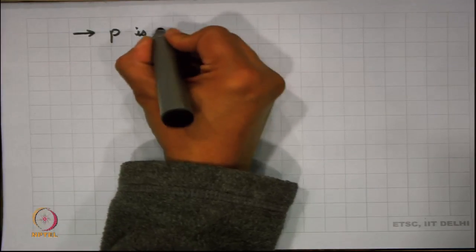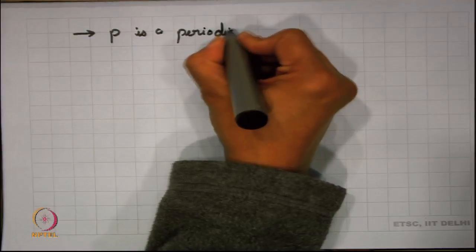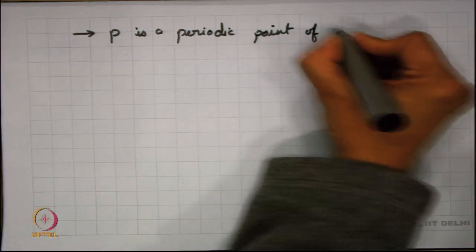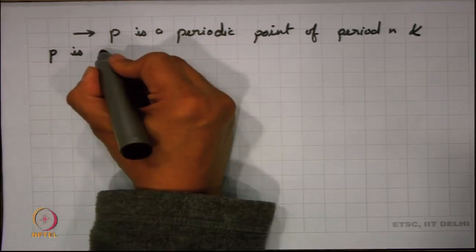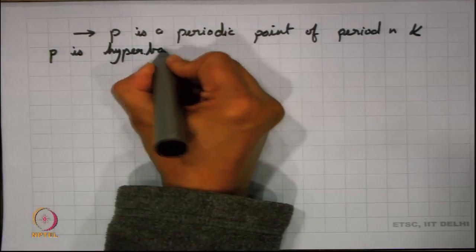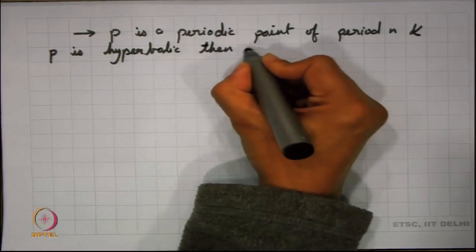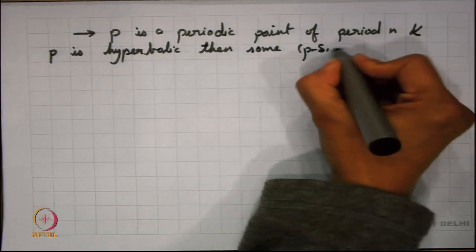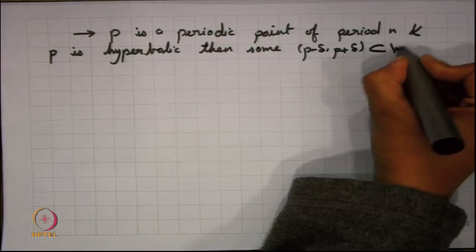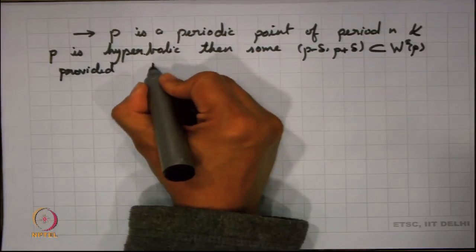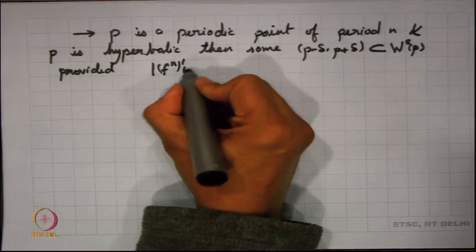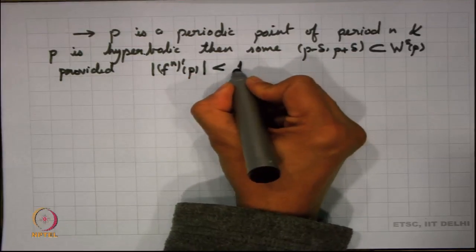It is not very difficult to see that in case p is a periodic point of period n, and I also want p to be hyperbolic, then some (p minus delta, p plus delta) will be a subset of the stable set of p, provided the modulus of (f^n)'(p), where n is the period of p, is less than 1.